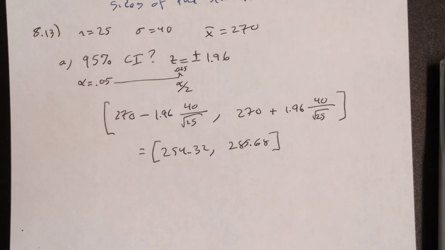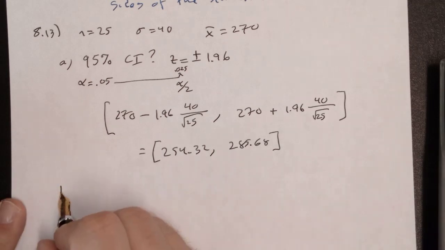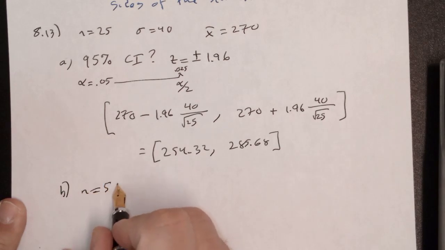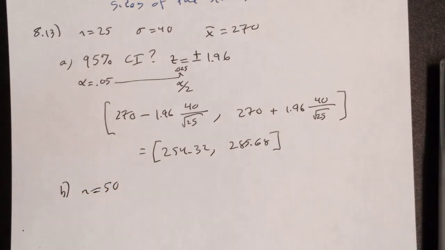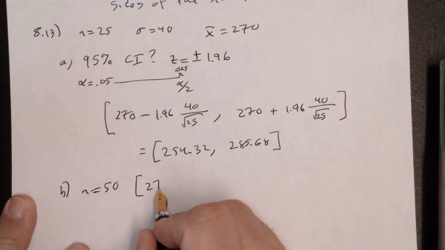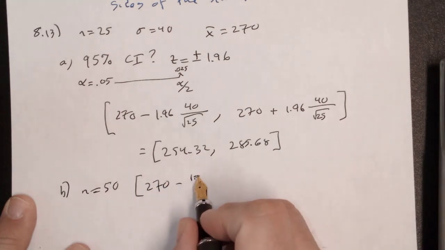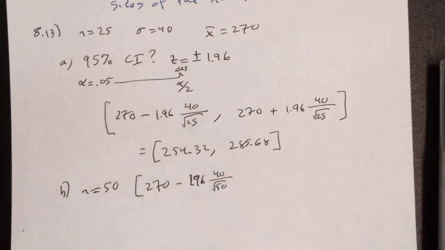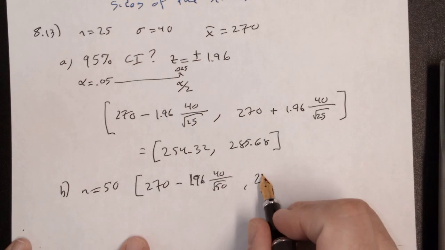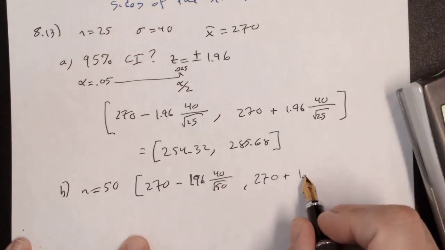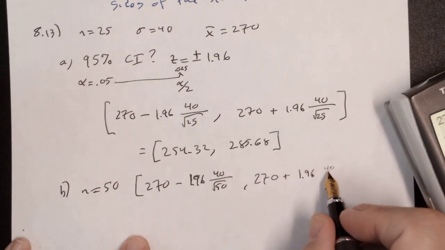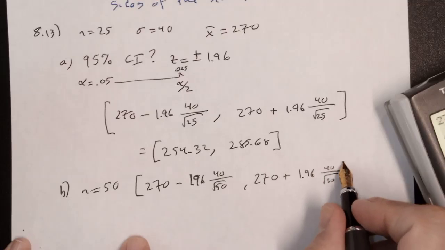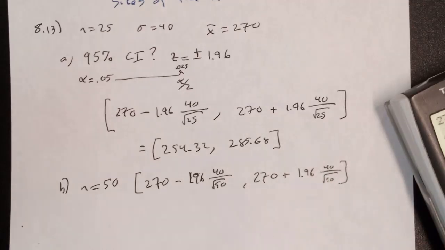So if I switch to doing the same idea with n equals 50, then I'm going to get a smaller number there. My margin of error gets smaller.